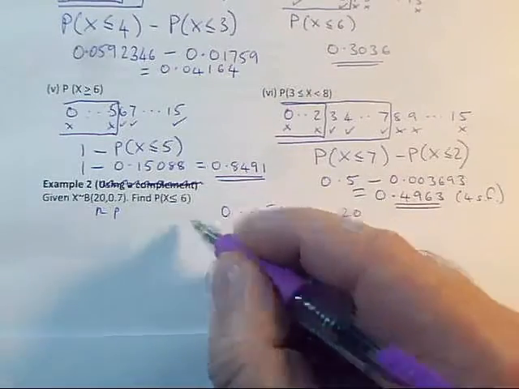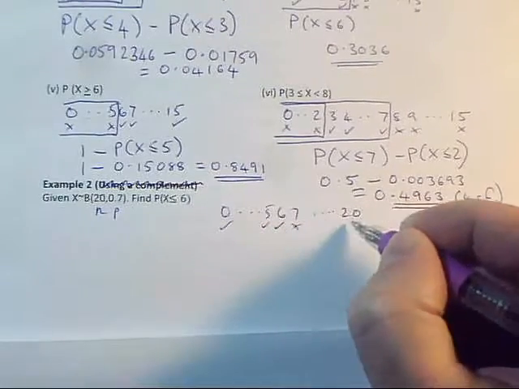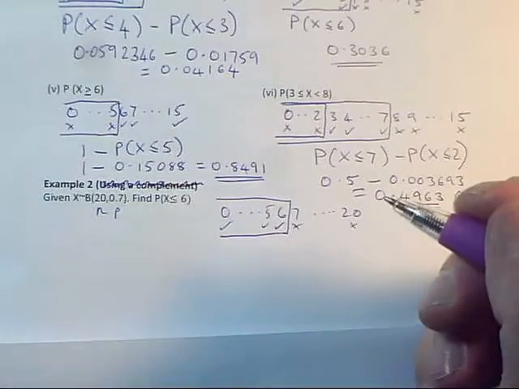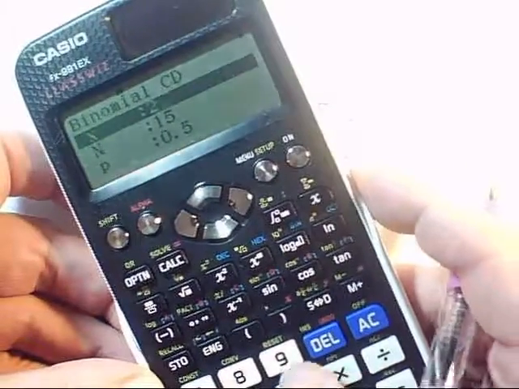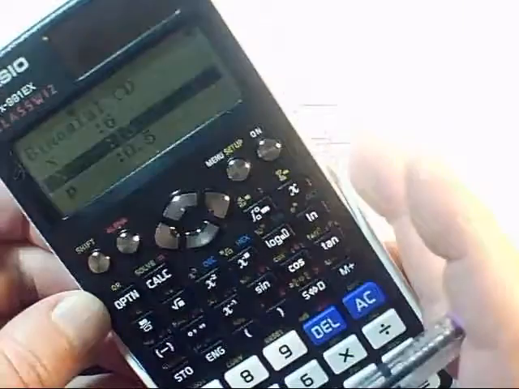I want, yes, I can be 0, I can be 5, yes, I can equal 6, but I can't be any of the rest. So I am actually just working out the probability up to 6. So my x value is going to be 6, and I need to put in the correct values of n and p. n is 20, and p is 0.7.